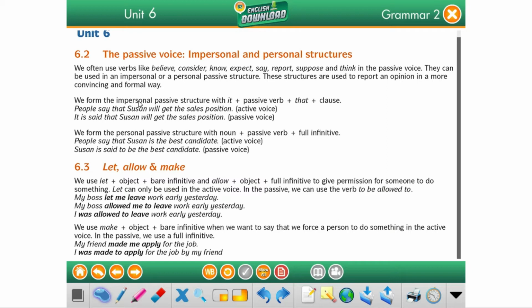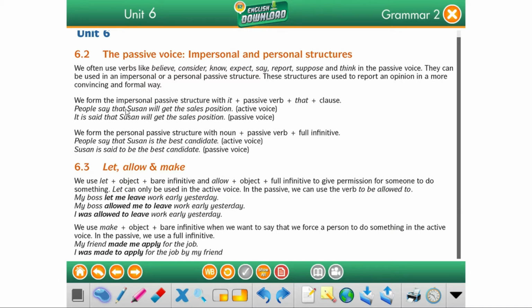We form the impersonal passive structure using it, the passive form of the verb, that, and the rest of the sentence. Remember that the passive verb is the verb in past participle. This first example is in active voice.